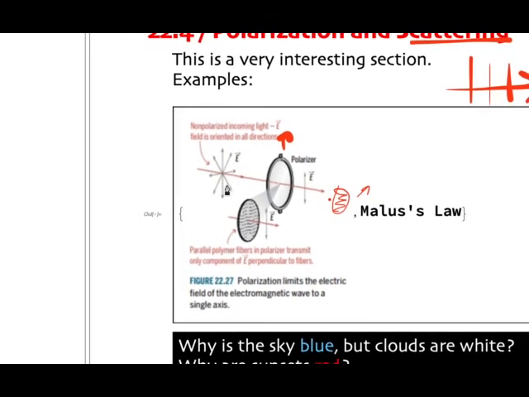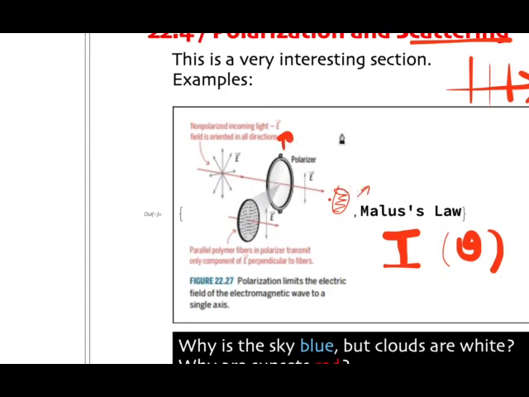So you get a variation of intensity that depends on the relative angle of the two polarizers. So you have intensity depending on the angle between the two polarizers. If it's 90 degrees, you'll get 0 intensity.